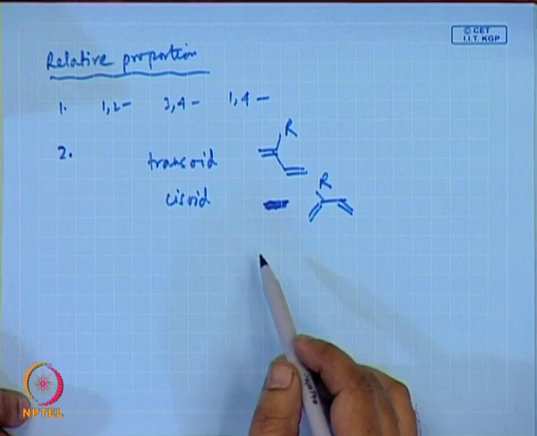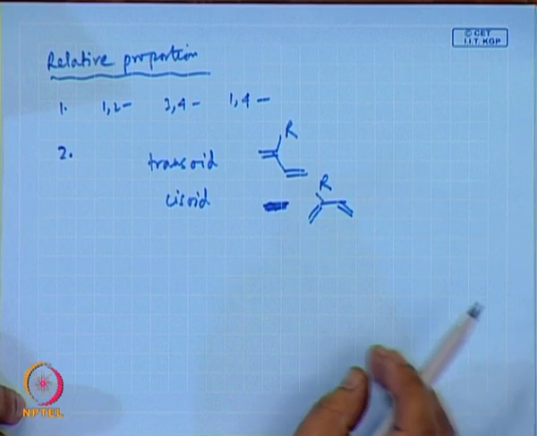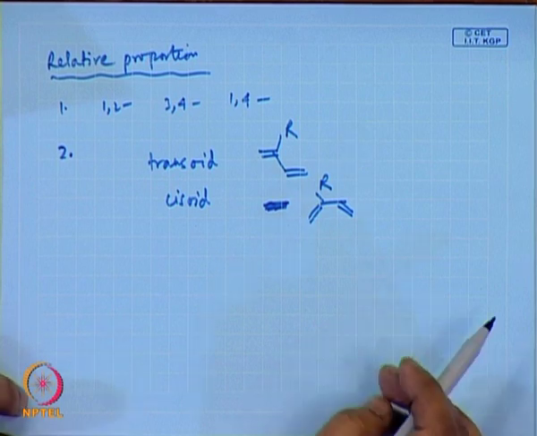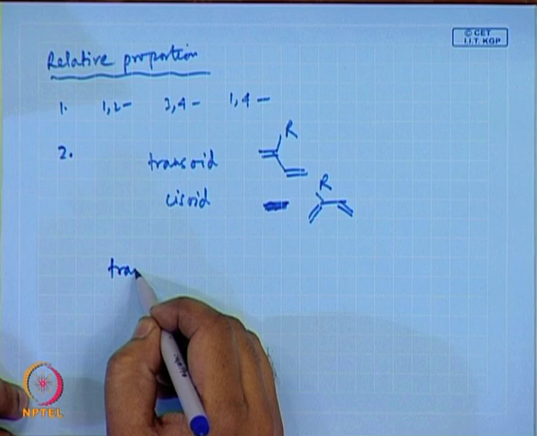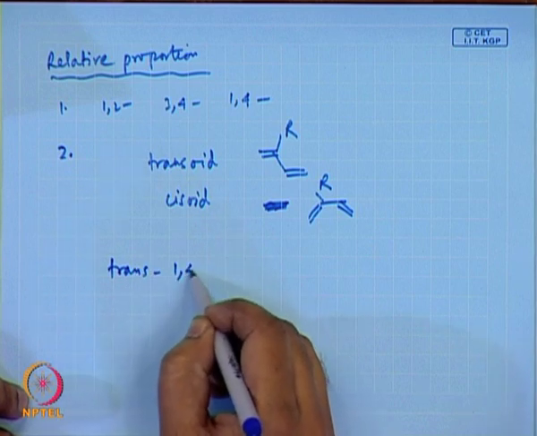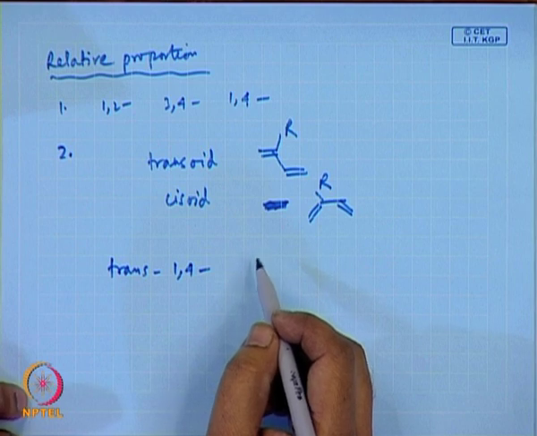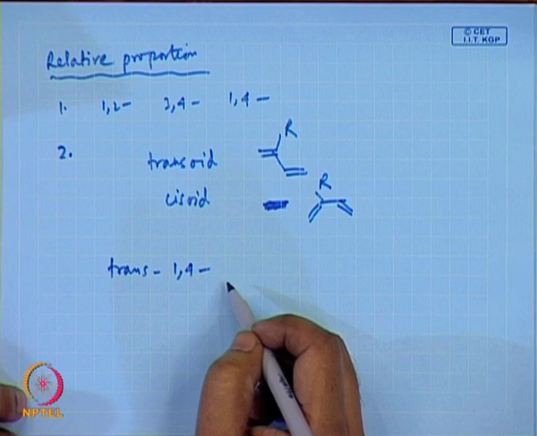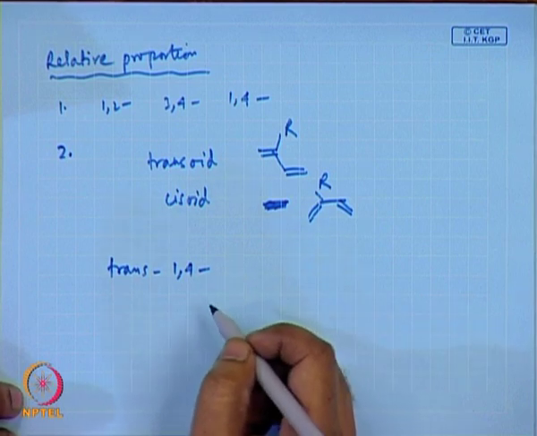So, unless there is a specific organization or specific mechanism occurring, in normal cases trans 1,4 will be a predominant product compared to a cis 1,4 product.